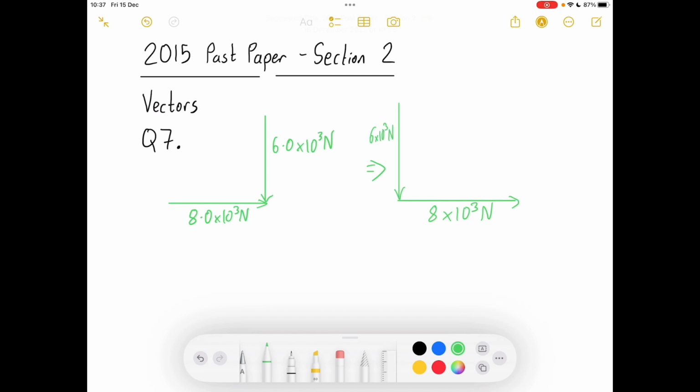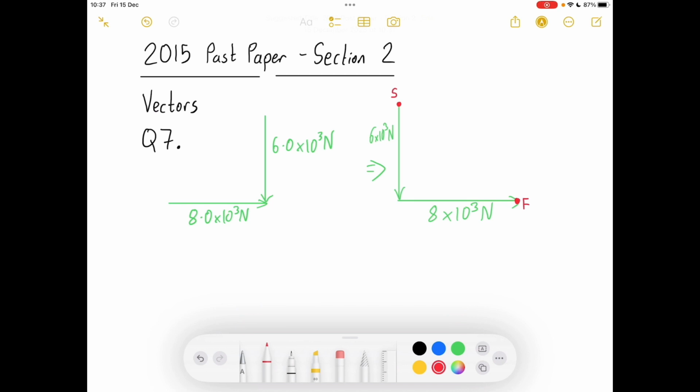Now I've got vectors that are nose to tail, where the tip of one arrow is hitting the end of the next arrow. So it's following a distinct path from our starting point, which is here, to our finishing point, which is here.